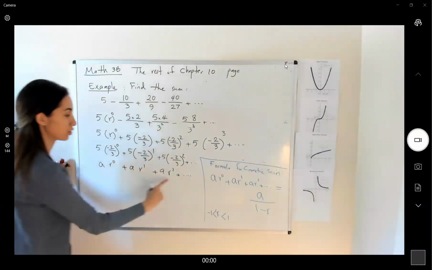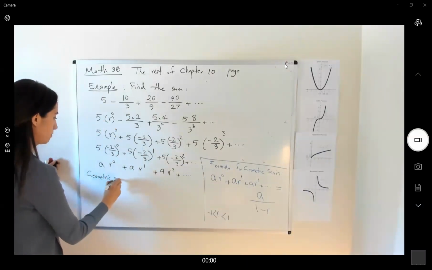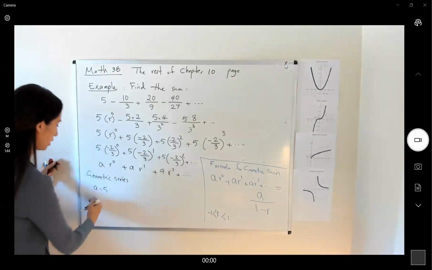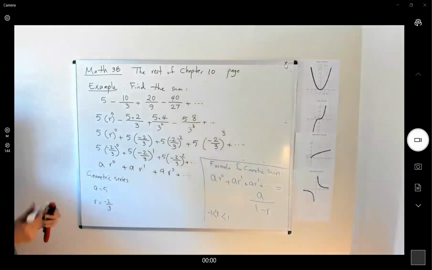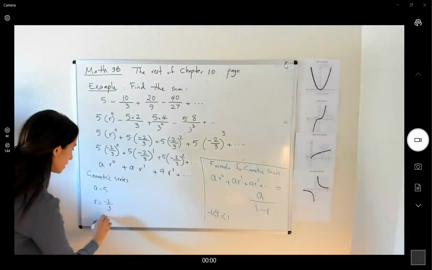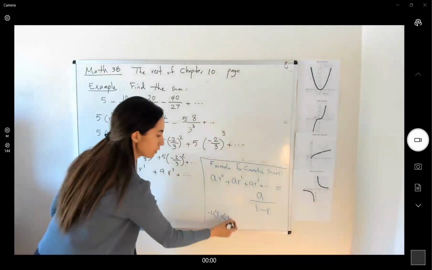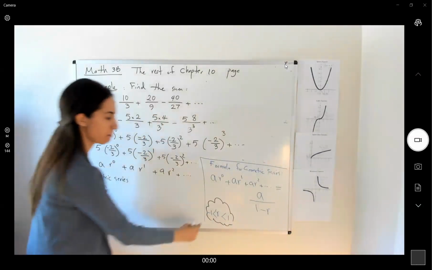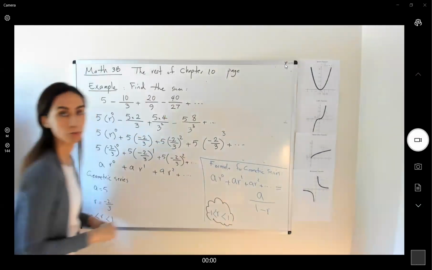I have a geometric series. a is 5, and my ratio r is minus 2 thirds. Since r is between negative 1 and 1, I can follow this formula. Your ratio must be bounded between negative 1 and 1 so you can use this formula.